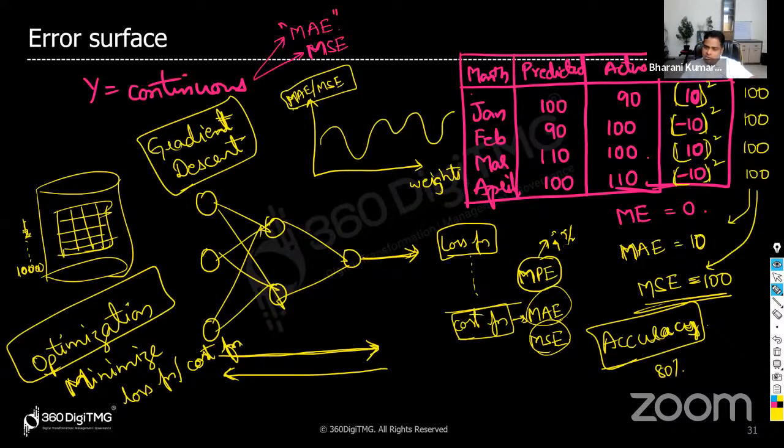If you get a mean percentage error of 10%, accuracy would be 90%. This is when your output variable is continuous.